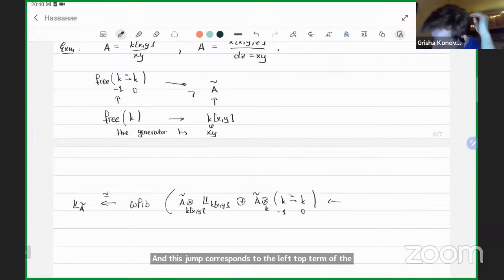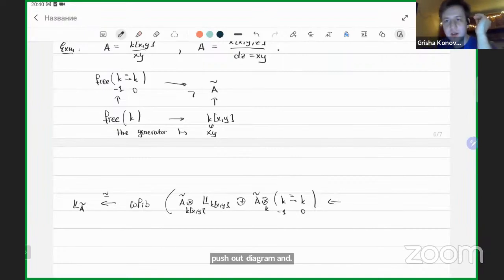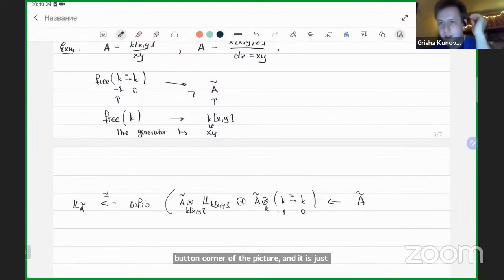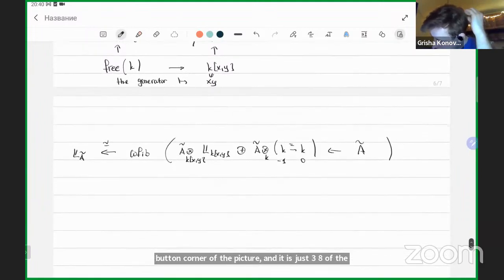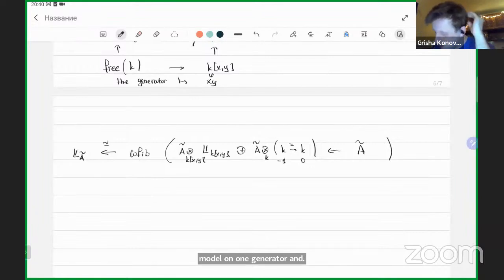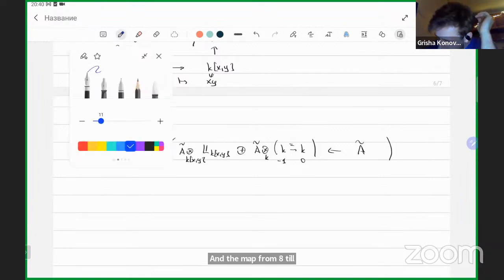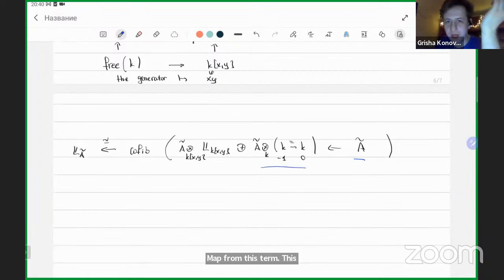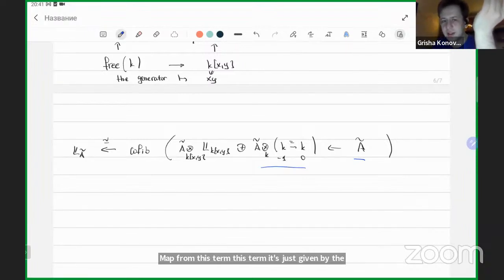And here we have something that corresponds to the left bottom corner of the push-out diagram. And it is just the free A tilde model on one generator. And the map from this term to this term is just given by the isomorphism, by the identity in the 0th degree.